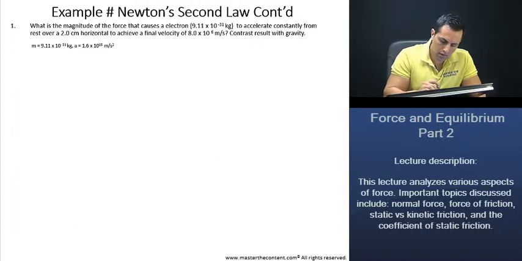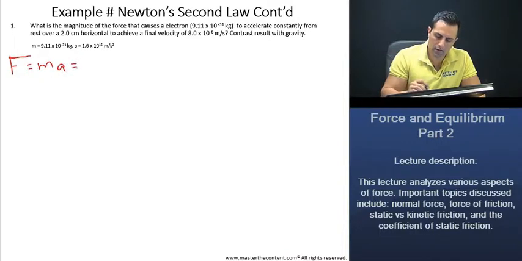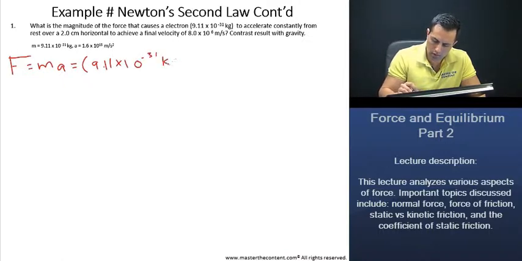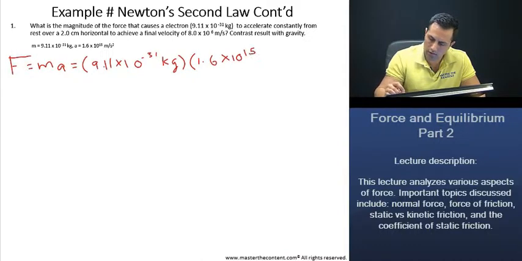Perfect. And we can just use our equation, force equals mass times acceleration, and we know that the mass is 9.11 times 10 to the power of negative 31 kg, and our acceleration is 1.6 times 10 to the 15 meters per second squared.